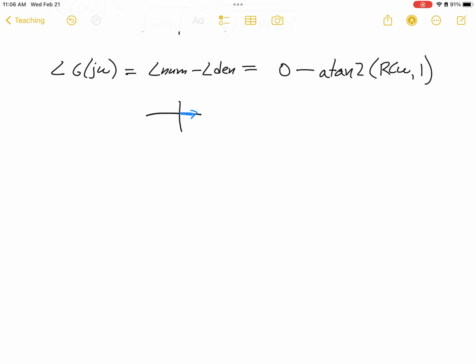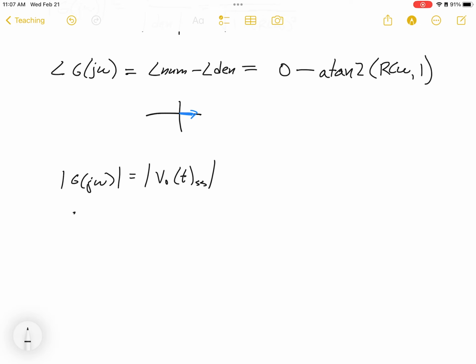So now that we have this sinusoidal transfer function written in magnitude phase form, this becomes really convenient for us, because the magnitude of G of J omega is equal to the magnitude of the steady state response of V out.